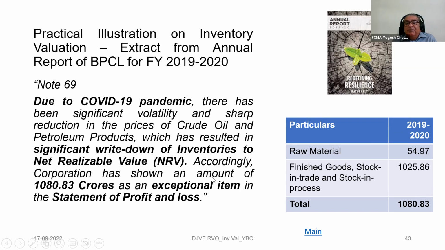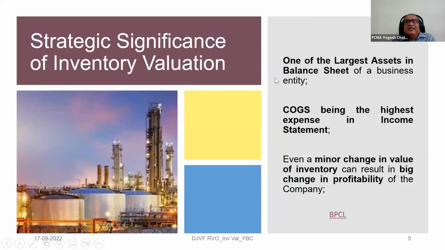In case of BPCL it was 1081 crore, but in case of Indian Oil, it was 10,000 crore plus. So this was the practical example on the significance of inventory valuation.